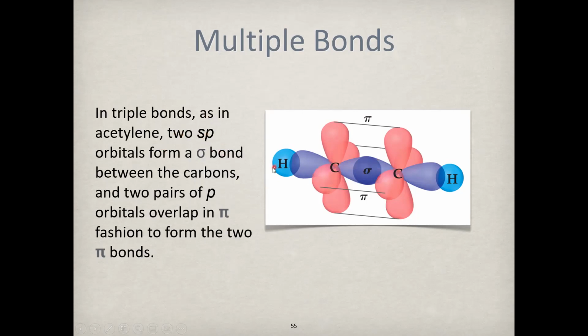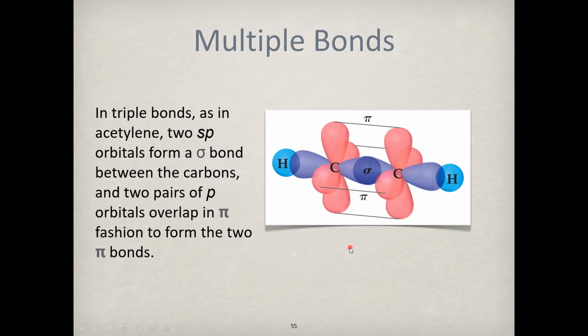So we've got one of those orbitals going to hydrogen, the other orbital overlapping with the carbon. So that's going to give us our sigma bond. But then we've got these 2 unhybridized p orbitals in each case. And what we're going to see is that those are actually going to wind up overlapping to give us a second bond, and then give us a third bond as well.